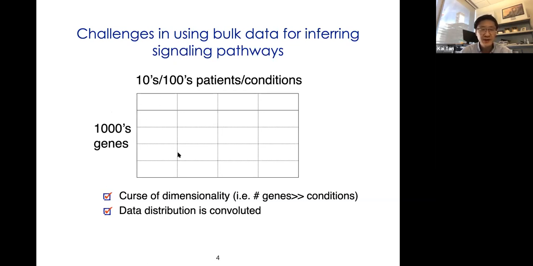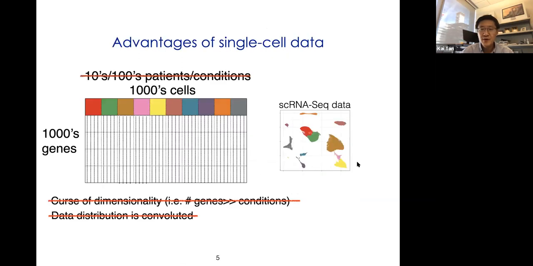On top of this complication, as we all know now, the gene expression measurement is a convoluted measurement of many cell types in the tissue we measure. So thankfully, nowadays we have single cell data, which hugely alleviates both complications. Because for each single gene, we can have nowadays hundreds to thousands of independent measurements for a given cell type, which makes the computational modeling quite interesting, and which I will show you.